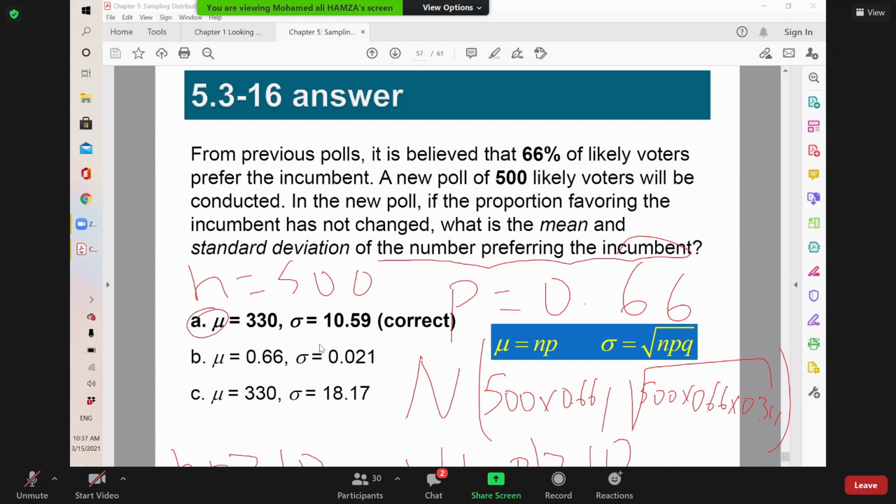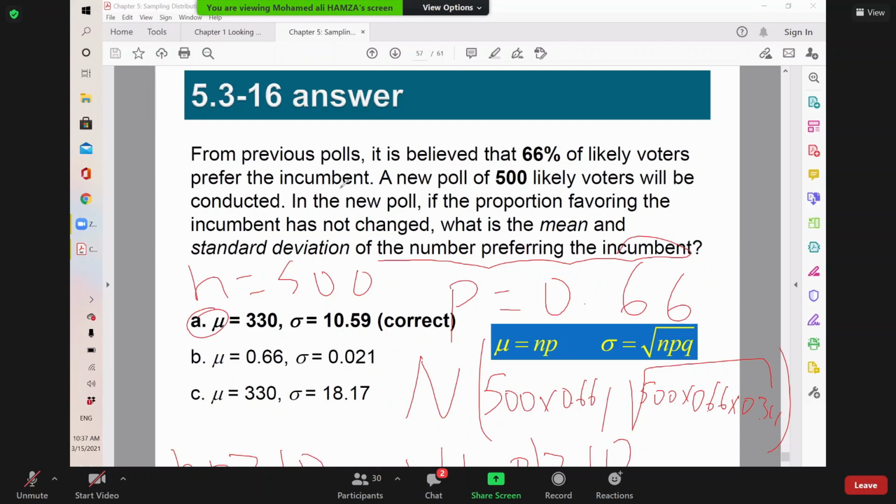Then maybe it's the correct answer as explained. It's A. So to summarize, once we have an idea about n and p: the binomial distribution probability is 66% that they choose this incumbent candidate.